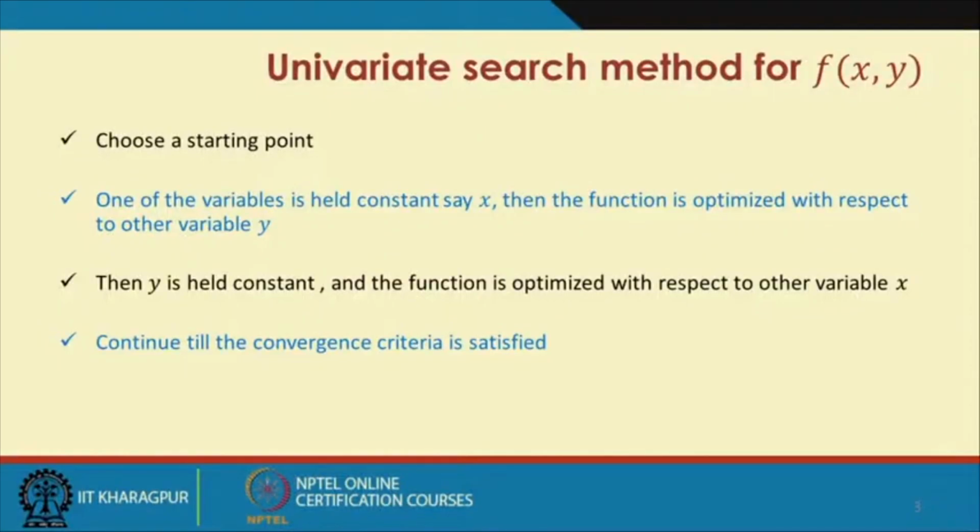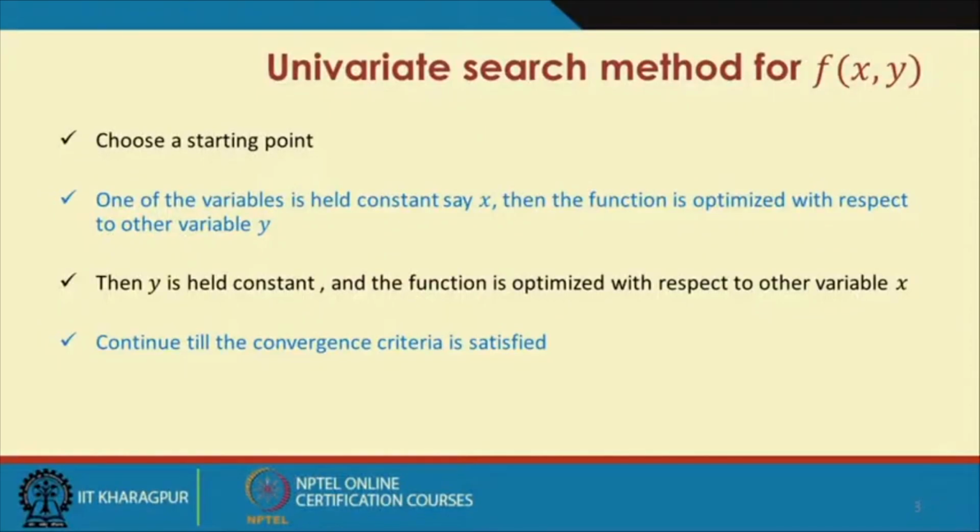Not only that, there is a curse of dimensionality as well, because if the number of variables of a function increases, finding random points from a space where n variables move in different directions, in different ranges, in different scales, and generating random numbers for those, is really a difficult task. But how searching techniques really work, I will give you some idea, and I am starting my class with the univariate search method.